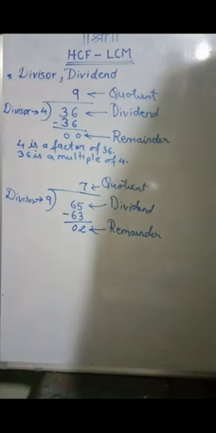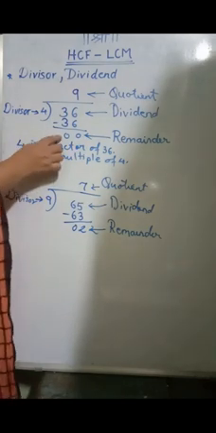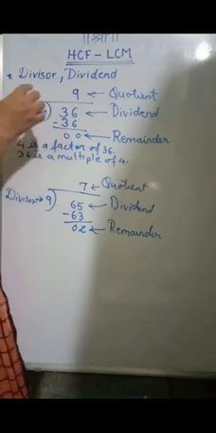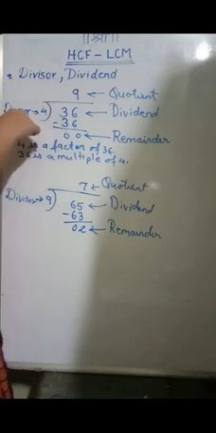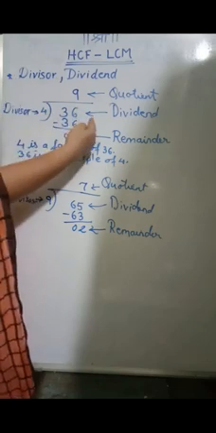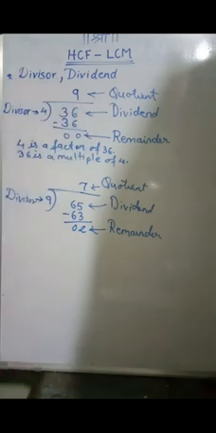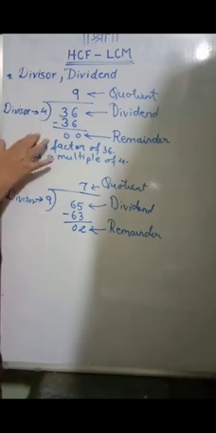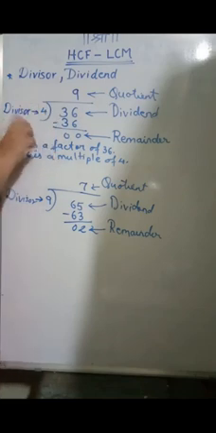We have learned this in 5th standard. When we get remainder 0, then the divisor becomes the factor and the dividend becomes the multiple. Now in this sum, what can we say here? 36 is divisible by 4.